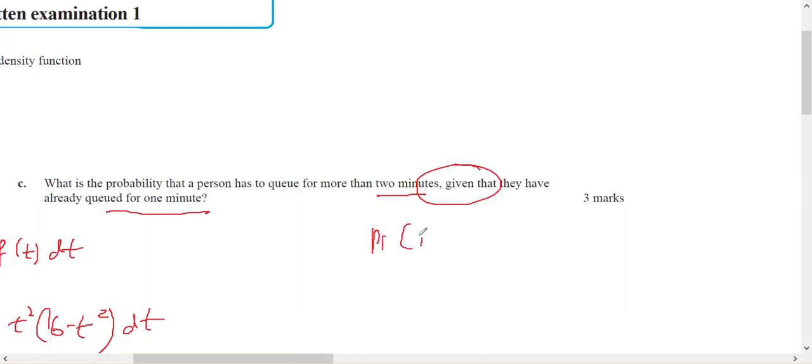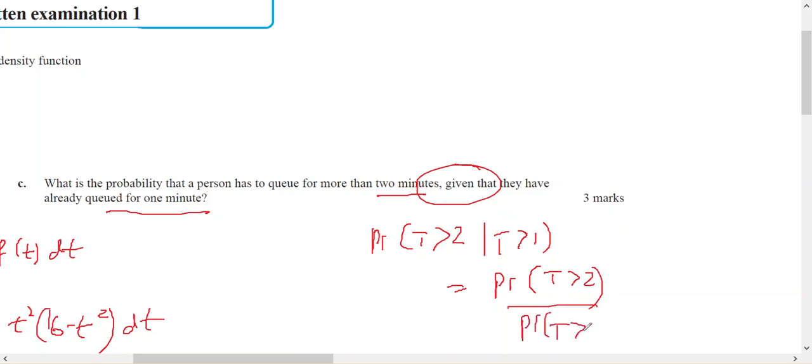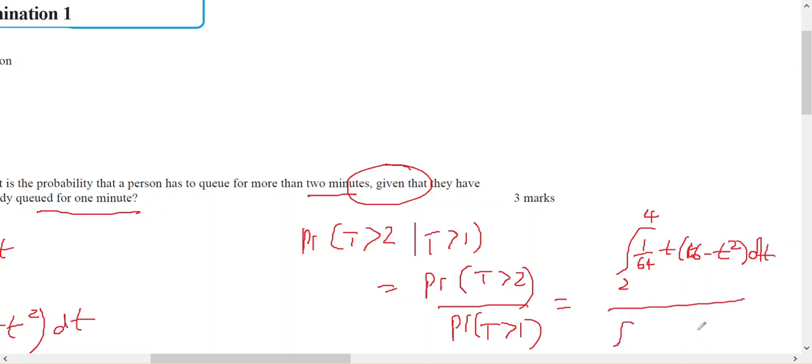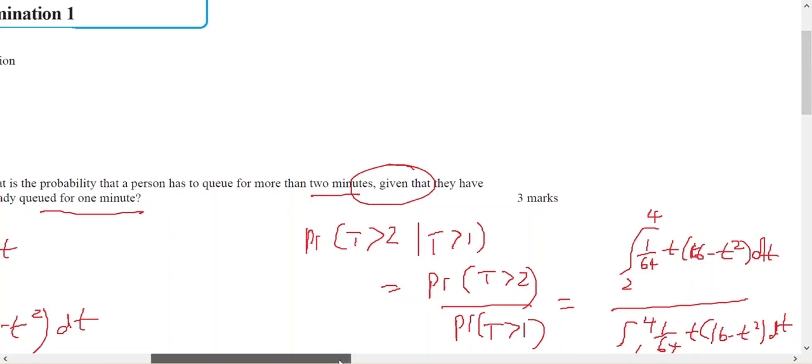So the probability that time is bigger than 2, given time is bigger than 1, should be the probability of time bigger than 2 over the probability of time bigger than 1, which should equal the integral from 2 to 4 of 1 on 64 t times 16 minus t squared dt over the integral from 1 to 4 of 1 on 64 t times 16 minus t squared dt. Golly, a lot of arithmetic in this particular question.